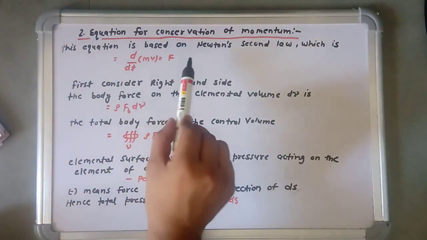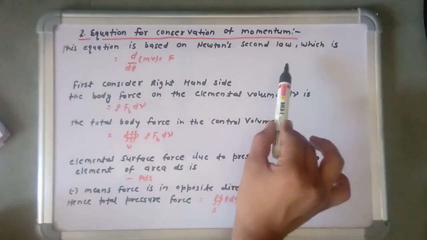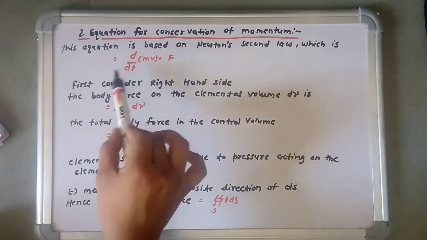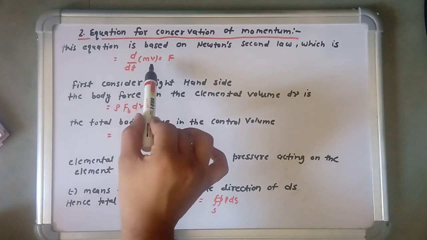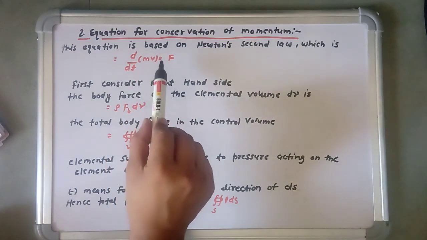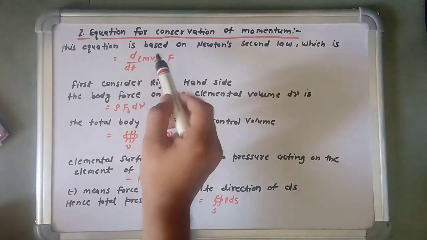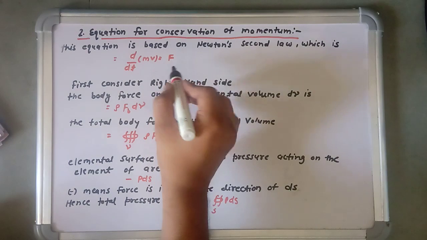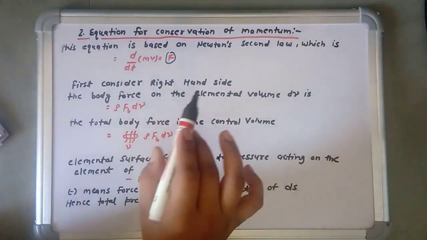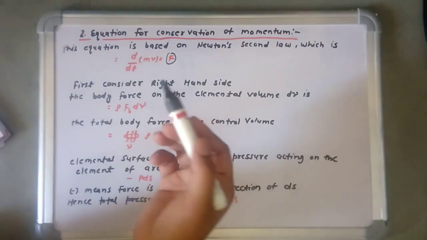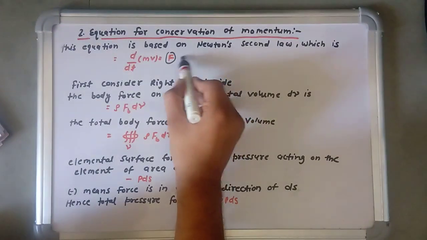This equation is based on Newton's second law, d by dt of mass multiplied by velocity equals F, and here F is the summation of all forces, like surface force and body force.